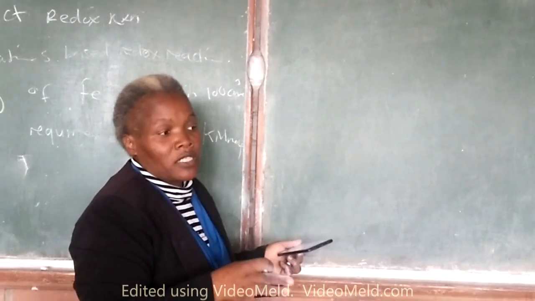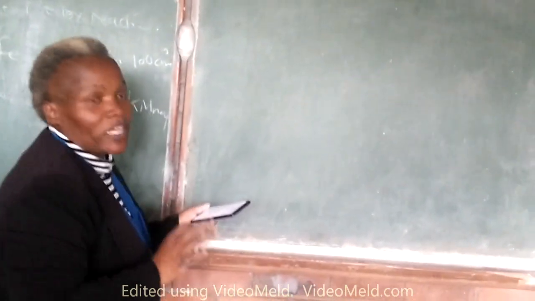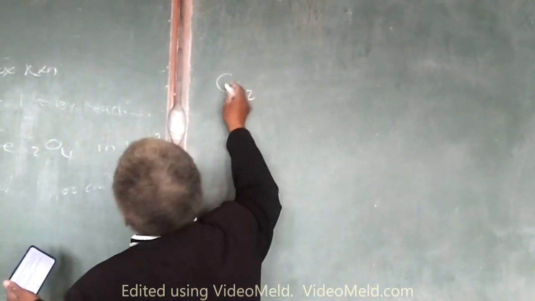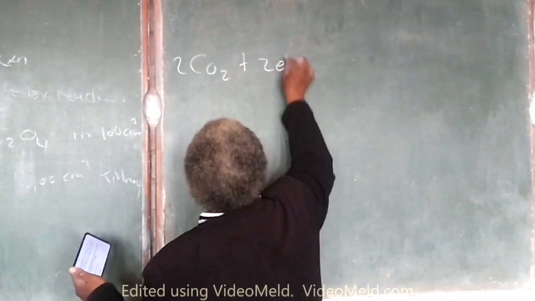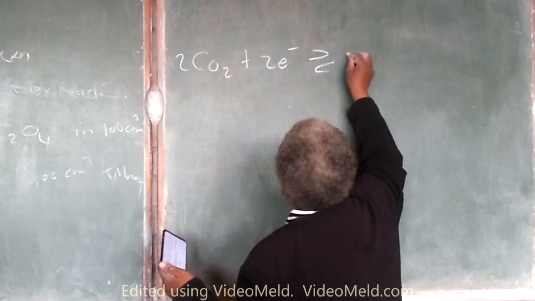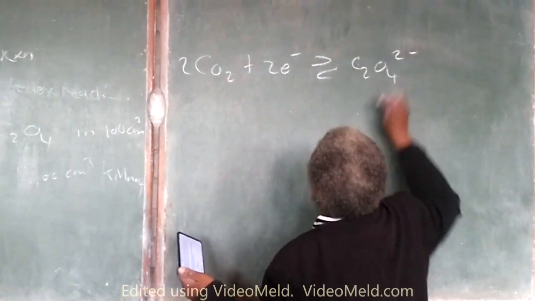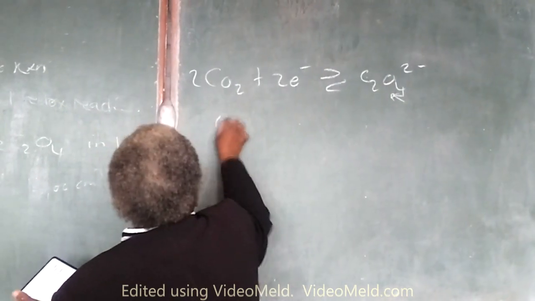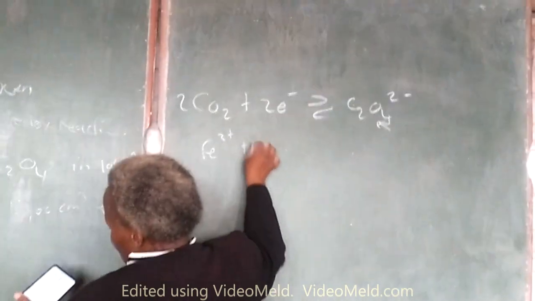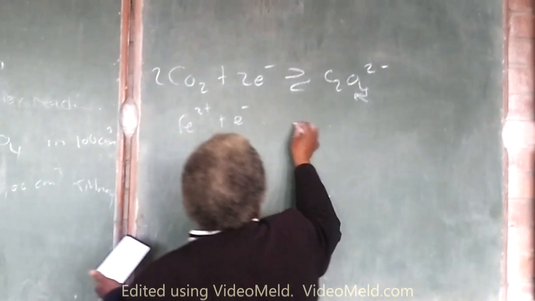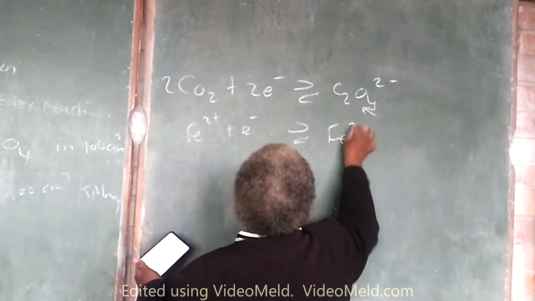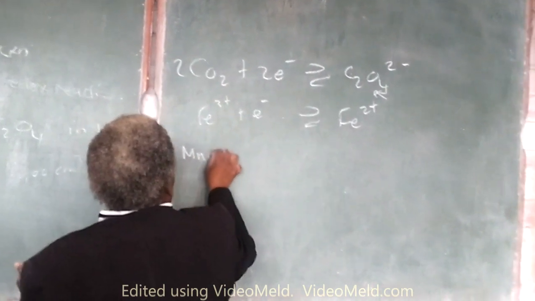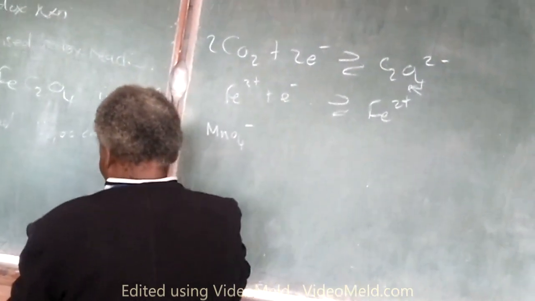We are going to look at this in the next section when we look at electrode potentials. So CO2 plus 2 electrons reversible C2O4 2 minus, this is our ethane dioxide ion, and we also have Fe 3 plus electron reversible Fe2 plus, and then the permanganate MnO4 minus.